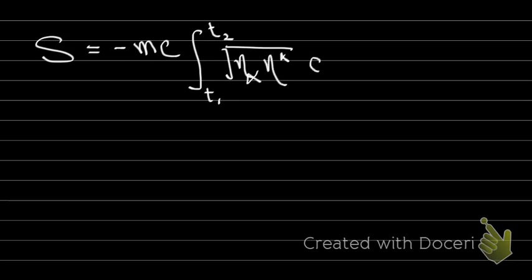Of course, this integral is carried out over the proper time. This invariant form can now be a starting point for the variational calculation that would lead us to the equation of motion, which you would do by using the principle of least action.